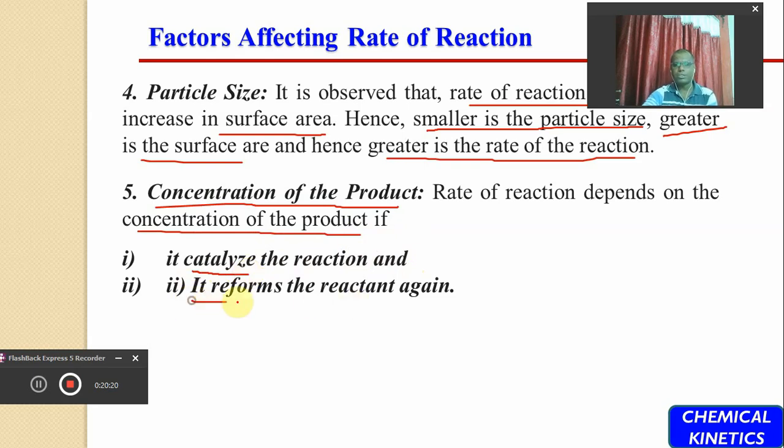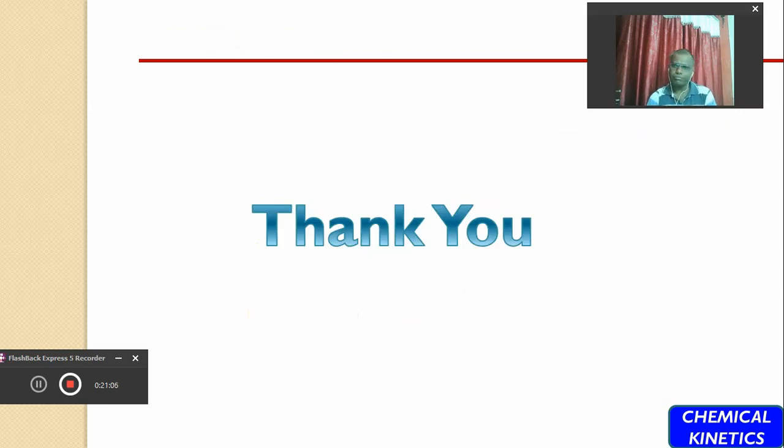Or, if the product is responsible for forming the reactant again, in that case also the rate of reaction depends on the concentration of the product, because as it reforms the reactant, the concentration of the reactant changes, and as that changes, the rate of reaction also changes. So the rate of reaction depends upon the concentration of the product only in these two cases: first, if the product catalyzes the reaction, and second, if the product is responsible for the formation of reactant again.